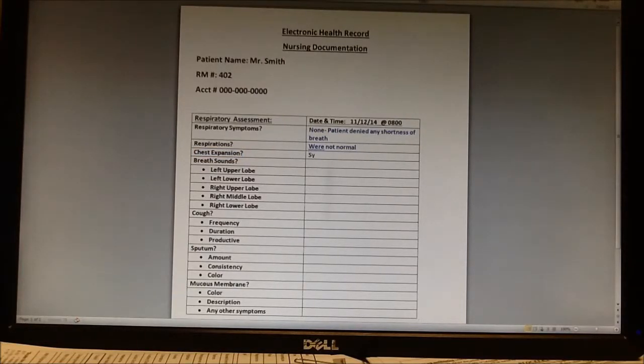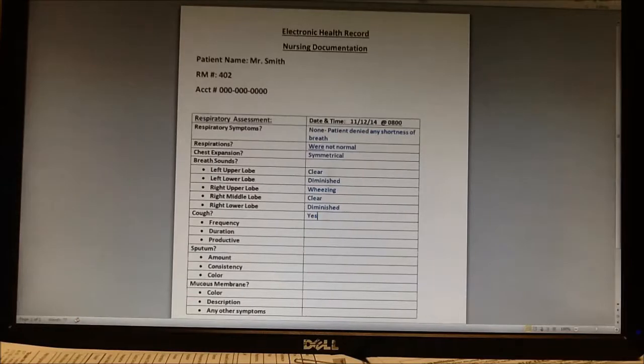Chest expansion was symmetrical. His left upper lobe was clear. Left lower lobe was diminished. Right upper lobe was wheezing. Right middle lobe was clear. Right lower lobe, if I remember right, diminished.